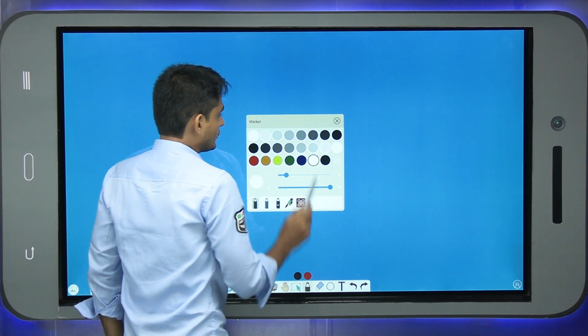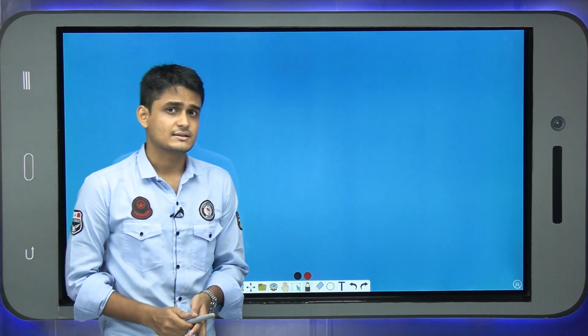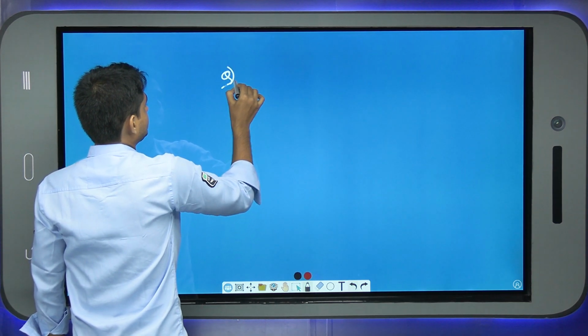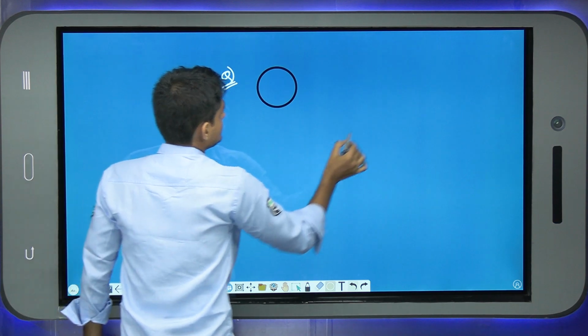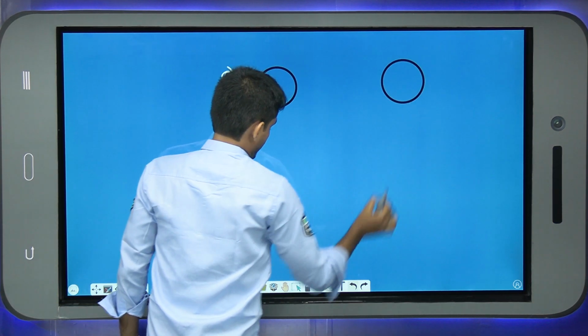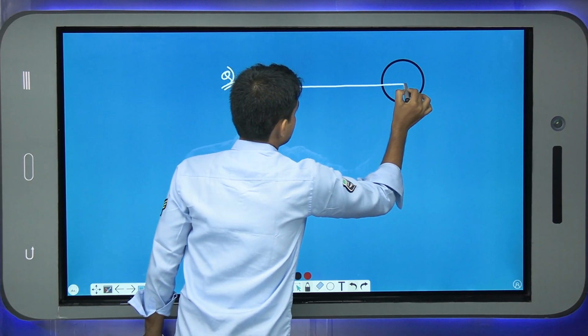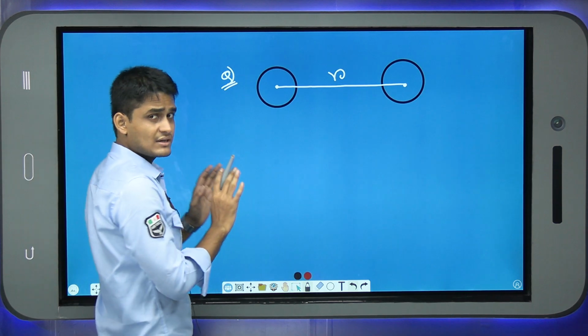Now we have to know what type of numericals are included here. Question number 1. There are two bodies separated by a distance r for the first case.